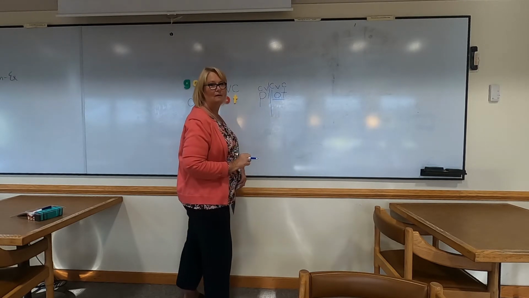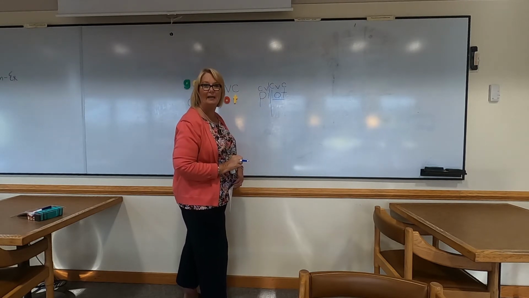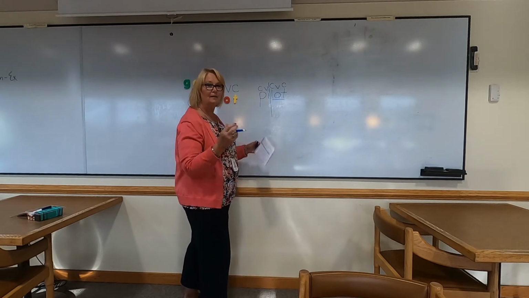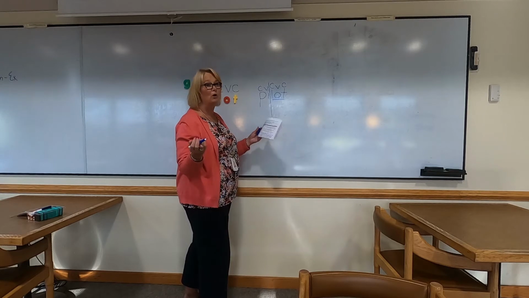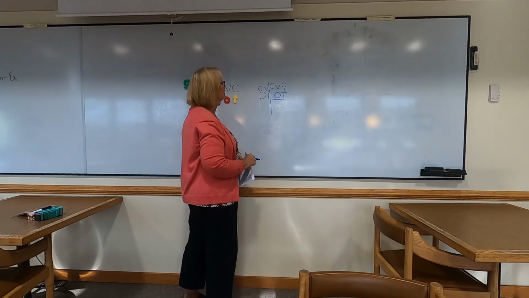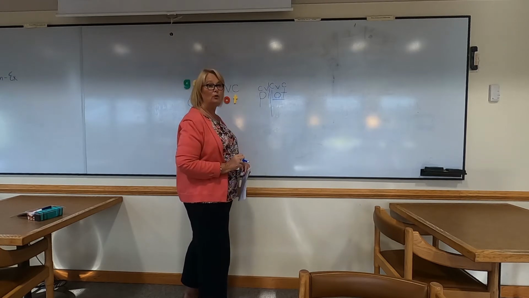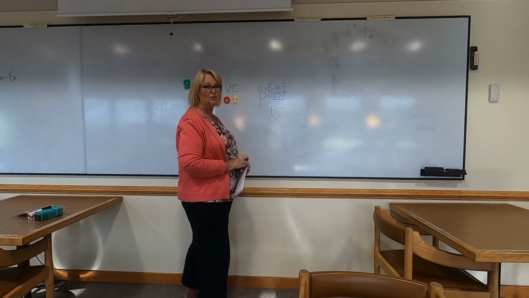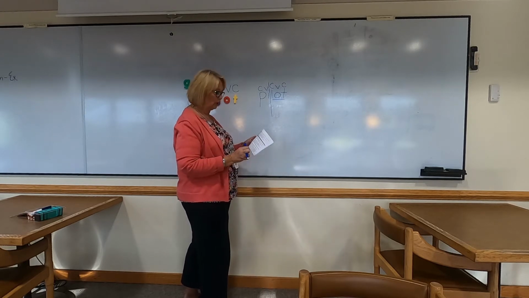Pilot. It's a pilot. A pilot that pilots the plane or drives the plane, flies the plane. That is the way that you would divide it up and use your knowledge of your patterns to figure out the unknown word.